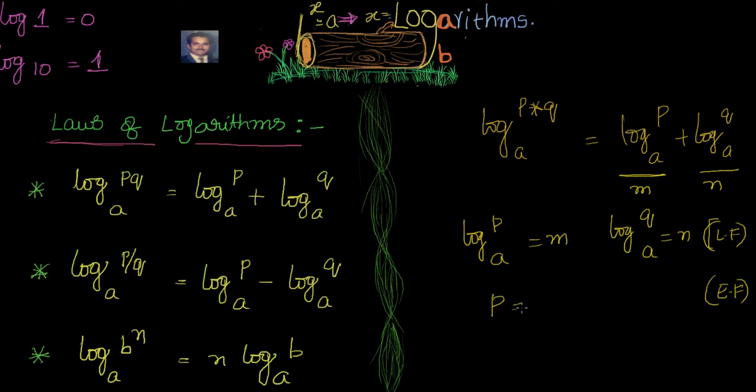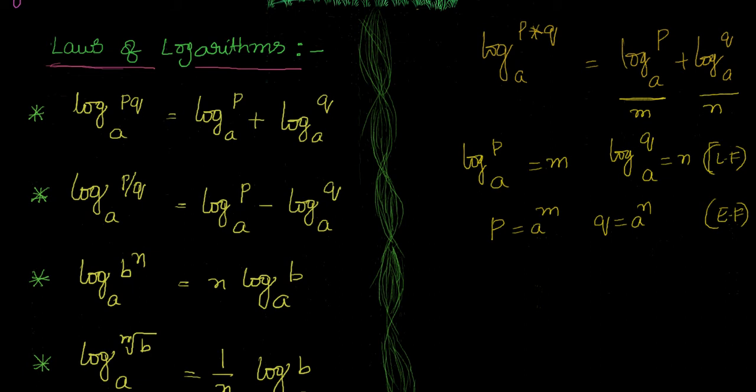That means p is equal to a to the power of m and q is equal to a to the power of n. Now if you see what we have to prove, we have p into q there. So let's try to find out what p into q is.